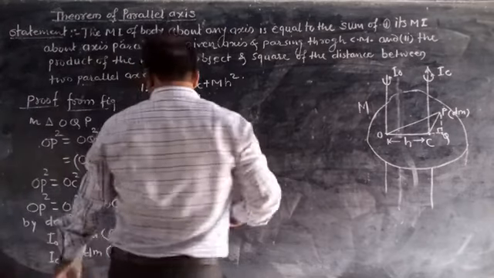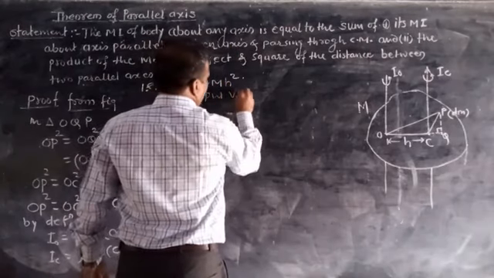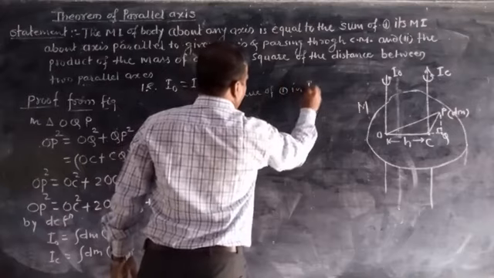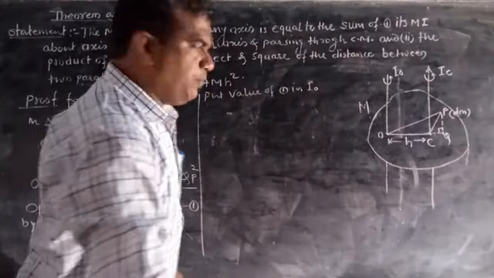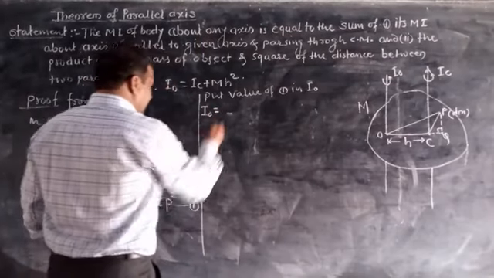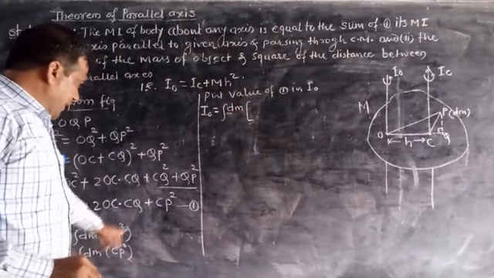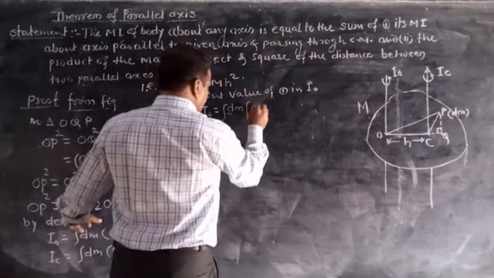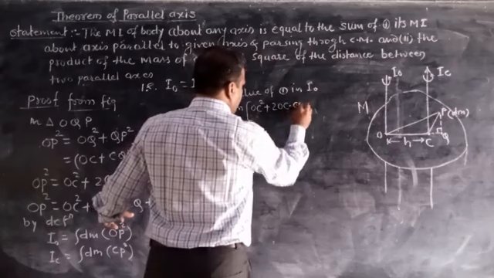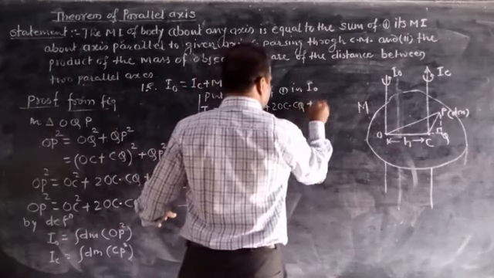Now put the value of equation 1 in IO. IO is equal to integrating dm into OP square, which is OC square plus twice OC into CQ plus CP square.